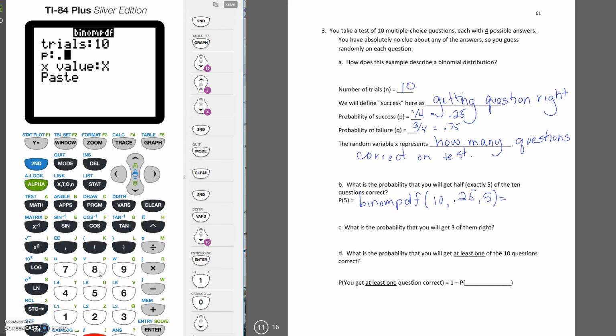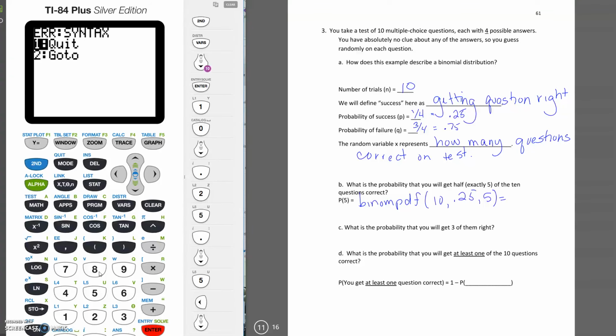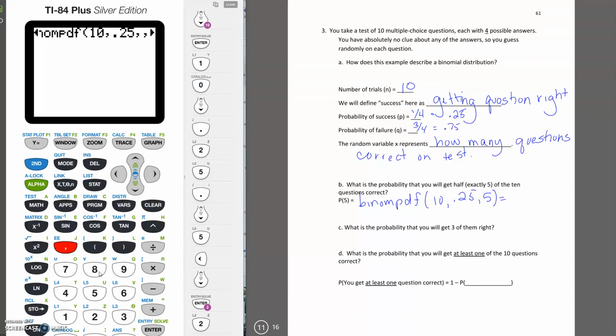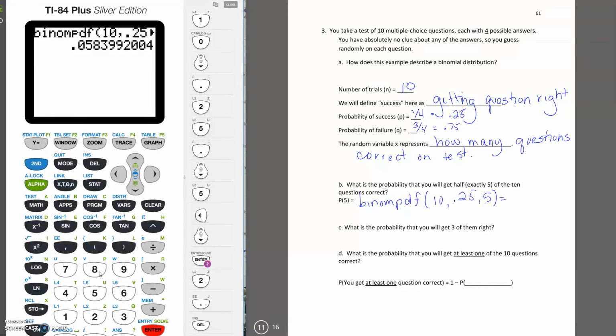The probability is 0.25, and we want to know for 5. So here we get 0.0584. So you'd have just about a 5.8% chance of getting 5 right.